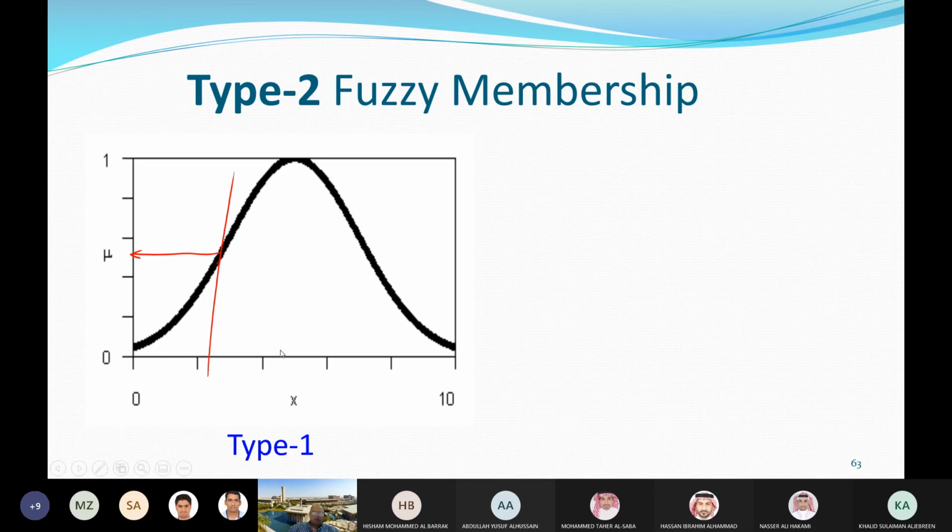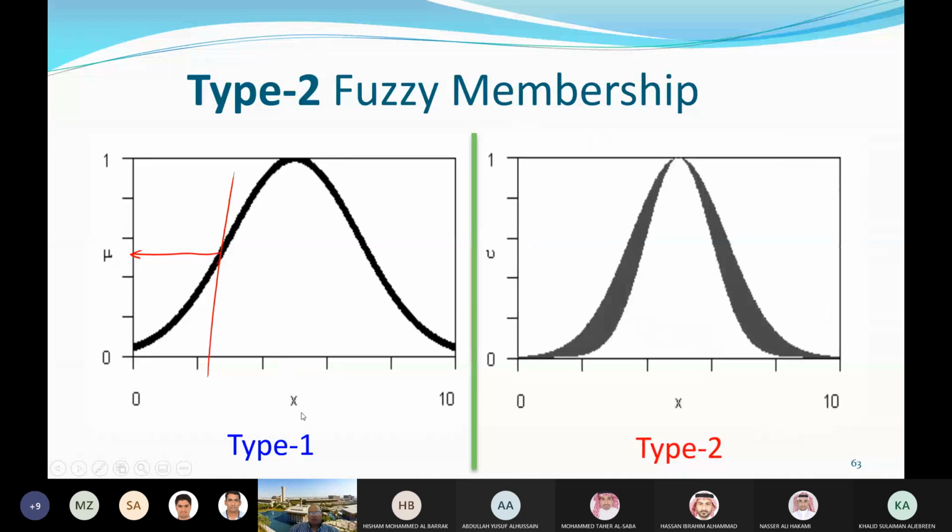And you have the membership function. It is not a crisp value here as mu, but the membership function will give you the minimum value and the maximum value. So you have here the minimum value of the membership, and here the maximum value of the membership. This is called type 2.